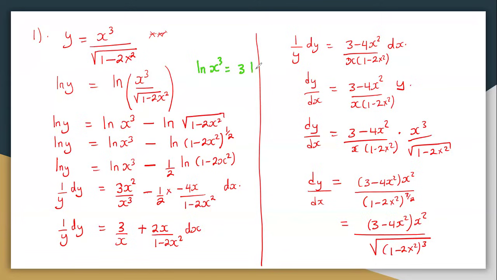You can say 3 ln of x. Then when you differentiate x, what do you get, Sammy? I get 1 over x. So your answer will be 3 out of x, which is the same thing we have here. Okay, sir, thank you.